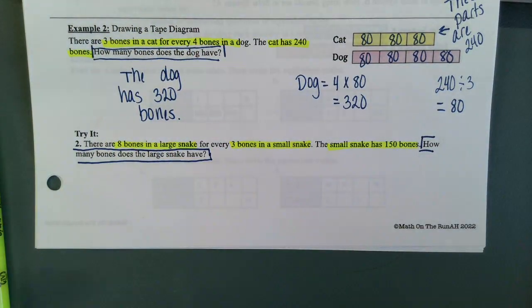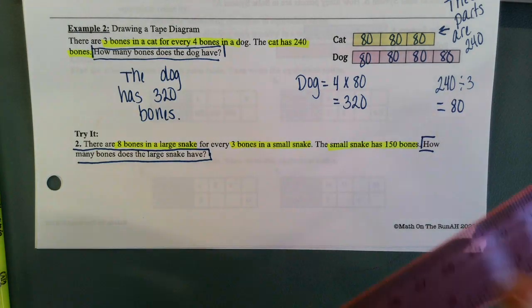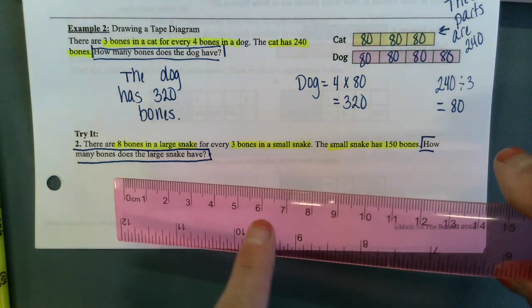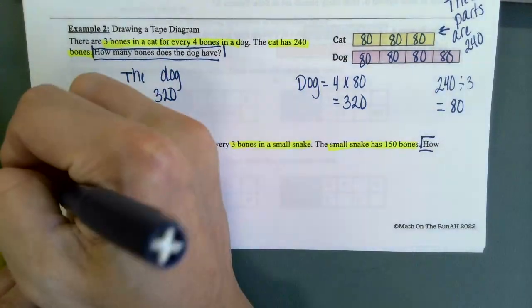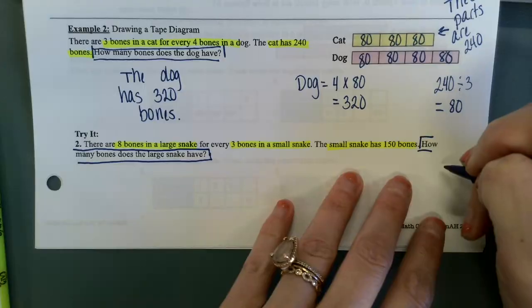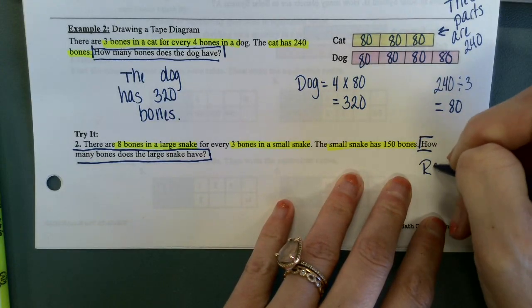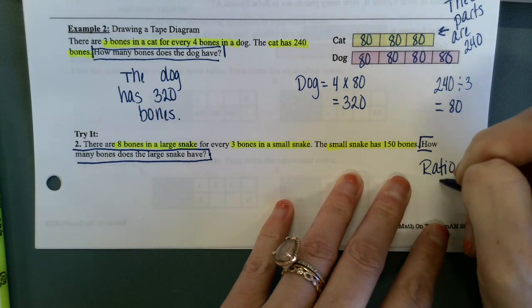The first thing we're going to do is draw our tape diagram. You need a ruler, and think back to when we did this. We always use the centimeter side, and 8 to 3 is our ratio. So I'll write my ratio over here, 8 to 3.